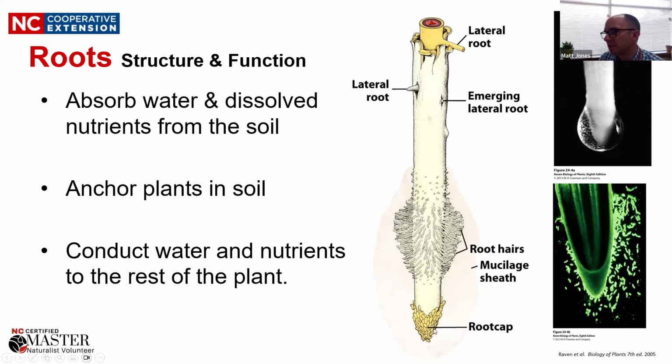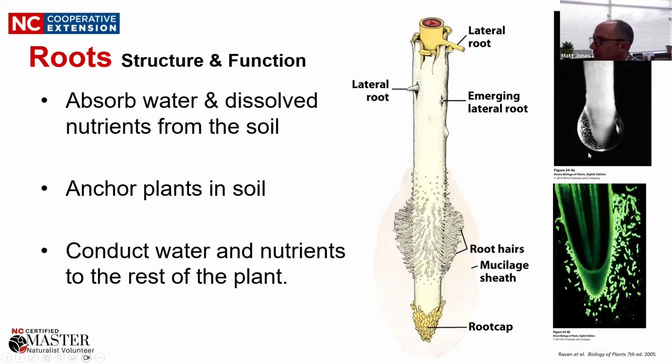Root tips have some special structures. Really young roots that are exploring the soil will have features that enable them to more easily navigate or penetrate through soil particles. One of which is something called a root cap, and this is a region where cells are rapidly dividing just for the purposes of shedding.